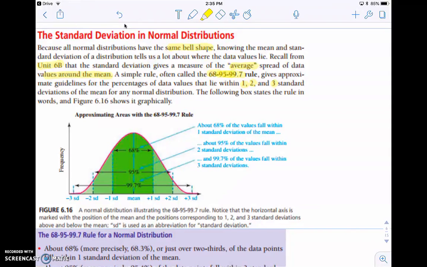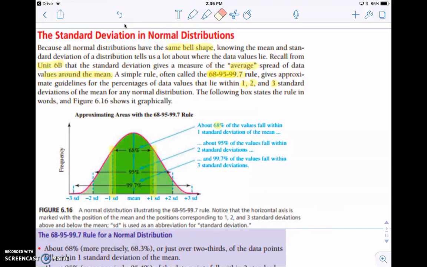And here's kind of how this works. If we go 1 standard deviation below and 1 standard deviation above the mean, then this area underneath the bell curve will include 68% of our data. Another way of thinking of that is the probability that something is between 1 standard deviation above the mean and 1 standard deviation below the mean is 68%. So that's where the 68 comes from.